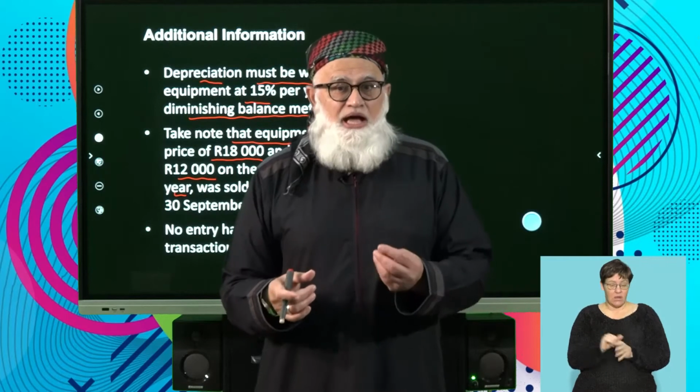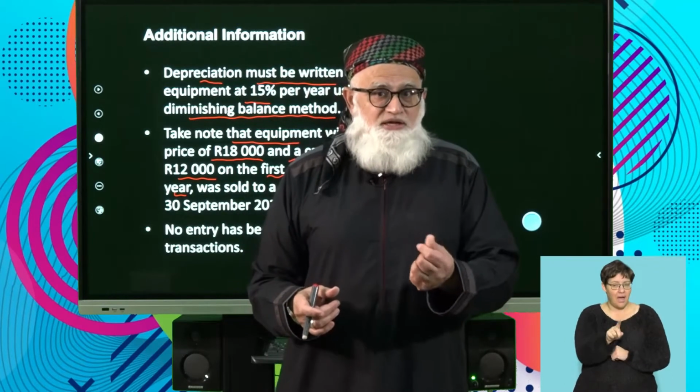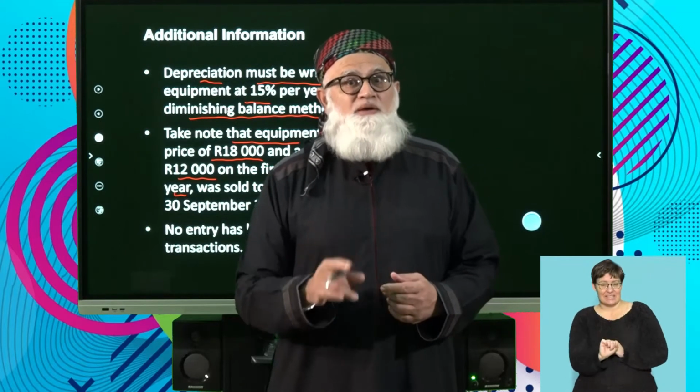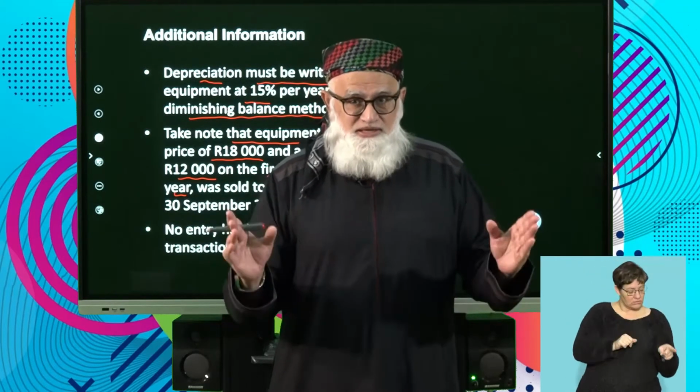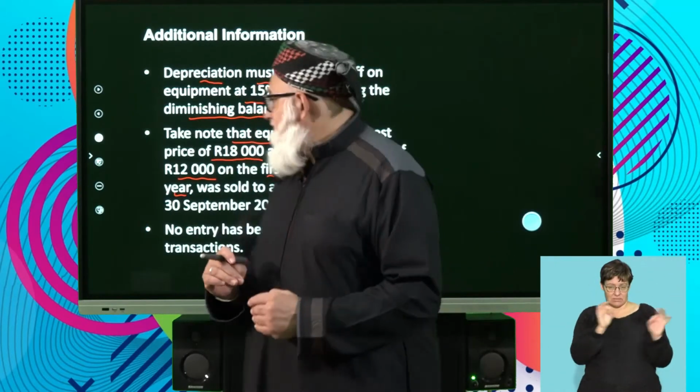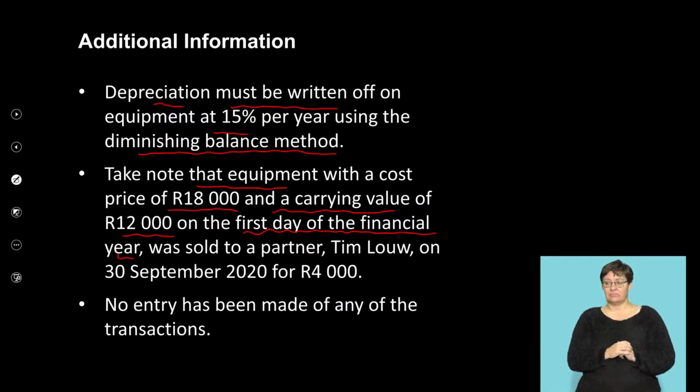Which dates? We love the dates that we eat and obviously the other dates that we have in our lives, but here we're talking about the accounting dates. Take that into consideration when you are doing your calculations. Right. So, and this was sold to a partner, Tim Lowe, on the 30th of September, another important date. No entry has been made for any of the above transactions.